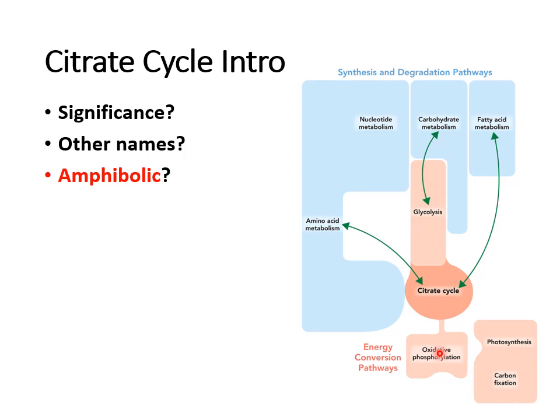Now, one of the terms that I want you to know and circle, star, highlight is amphibolic, okay? Because like I just mentioned, this cycle connects to various processes, and this includes catabolic and anabolic processes or pathways. And what that means is, catabolic, for that term, I want you to picture a cat scratching the crap out of a sofa.